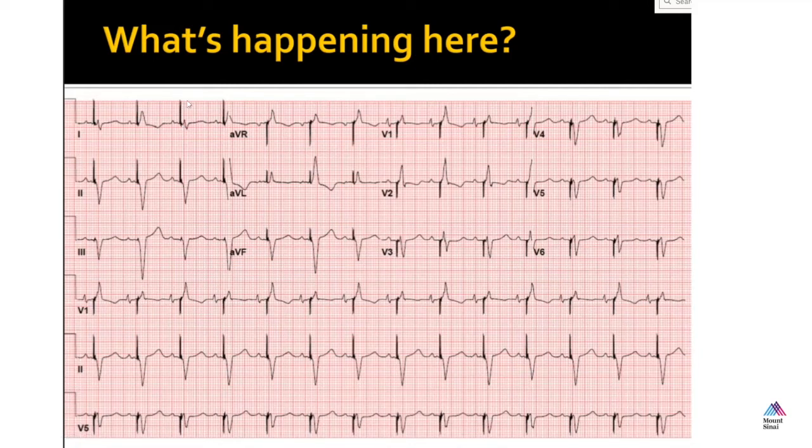So there's basically a fusion of both natural conduction as well as the pacing. Does that make sense? Yes, thank you. Yeah. So it's an interesting tracing, I think. It's an old tracing.